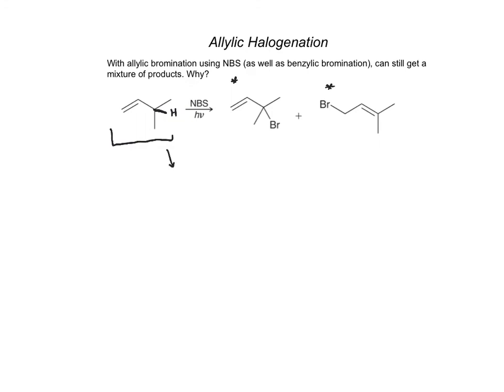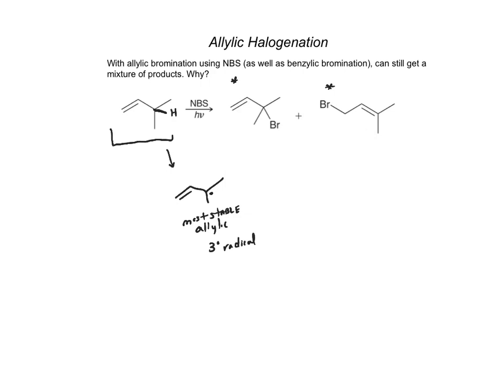When we abstract this hydrogen, what we get as a product is an allylic tertiary radical. Right, so this is the most easily cleavable hydrogen-carbon bond. This is going to be the most stable radical intermediate, so this is the thing that's going to be the fastest to form, okay?